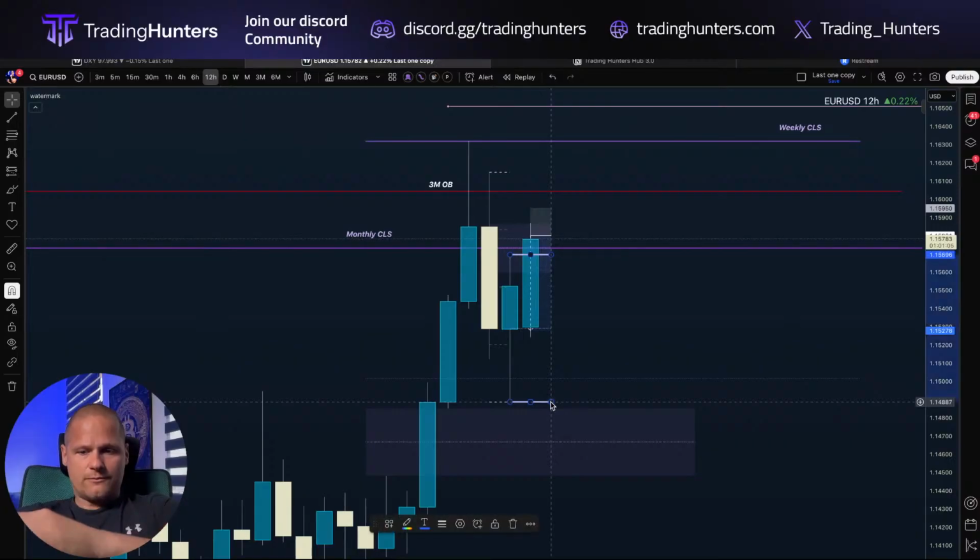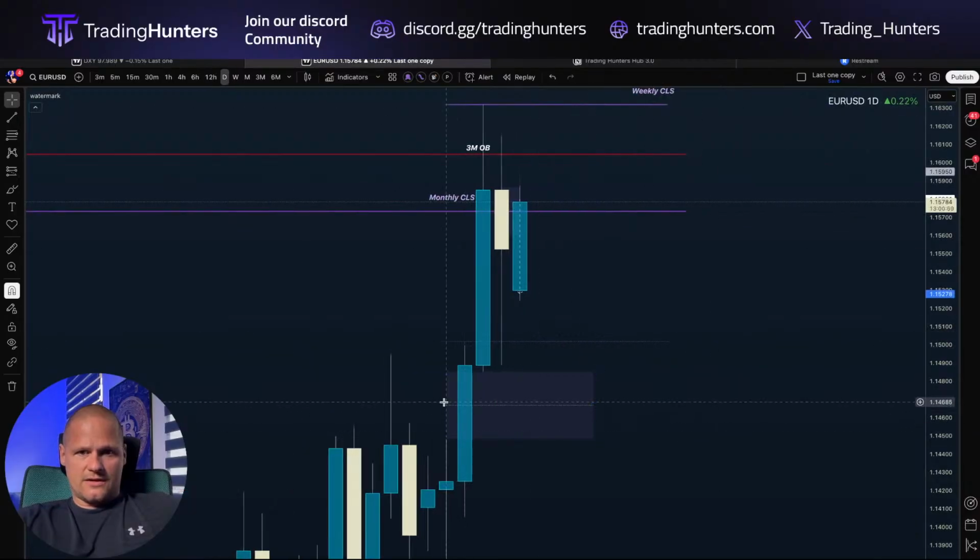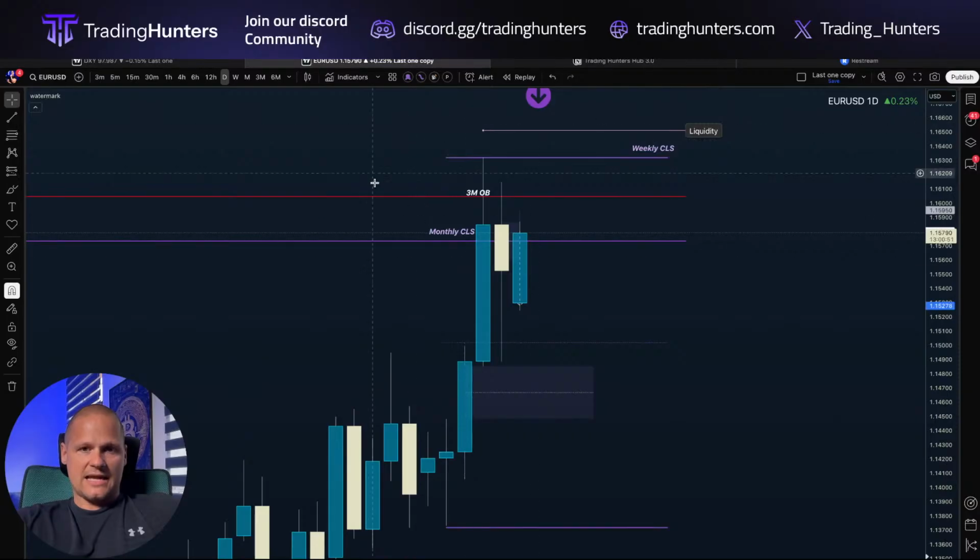Now I know. So what I have actually highlighted in here was this thing. We have this fair value gap in here. In my opinion, it can be reached right now, because we have reached this external liquidity above this monthly range.